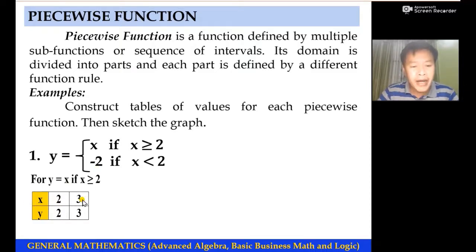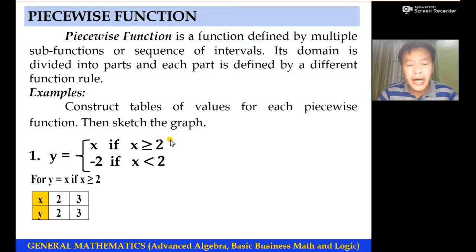Therefore, the second value of x must be 3. It could also be 4 as long as it is greater than 2. But avoid assigning a value of x which is a fraction or decimal for you to have a very good graph. And it will not give you difficulty in plotting the points if the coordinates are fractions or decimals.